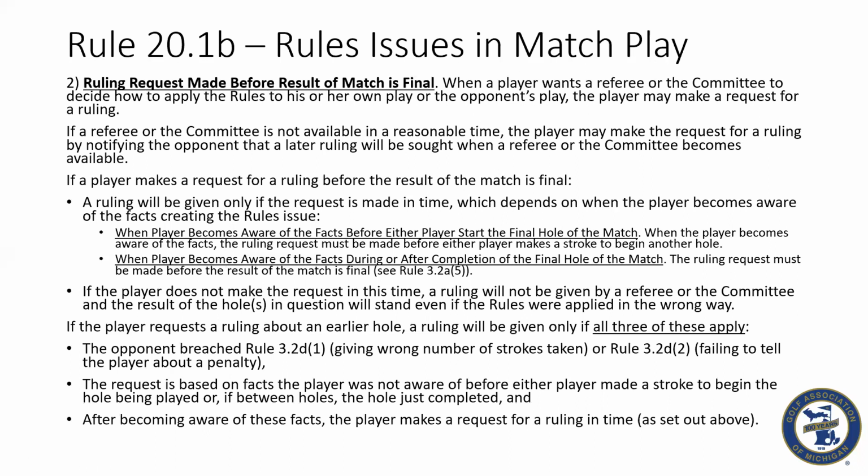And after becoming aware of these facts, the player makes a request for a ruling in time, as set out above. I'm not saying it won't happen a lot, but there are a lot of things that have to happen for us to give a ruling about an earlier hole.